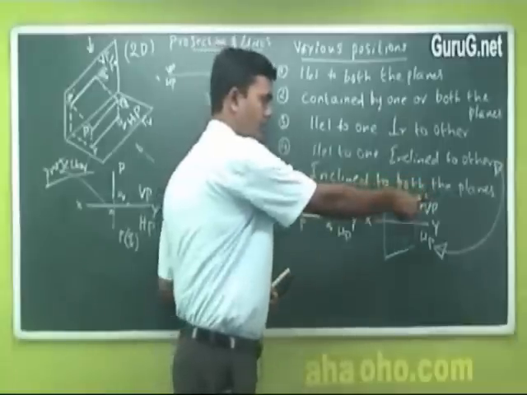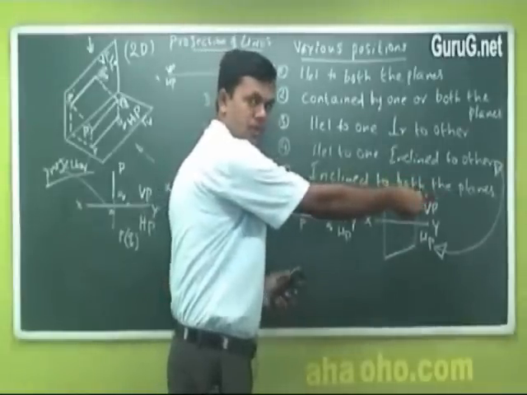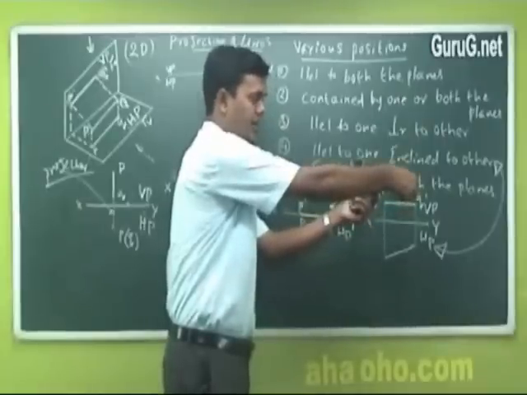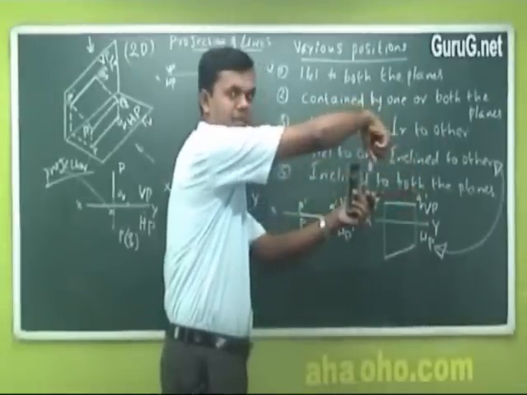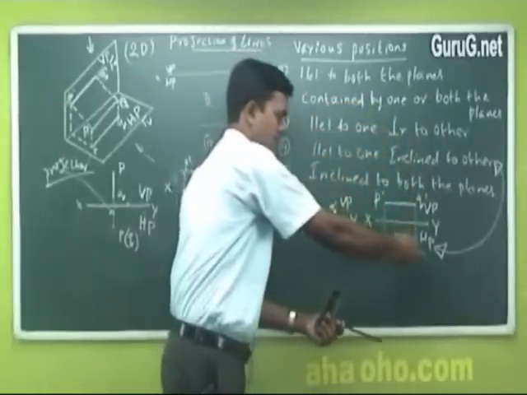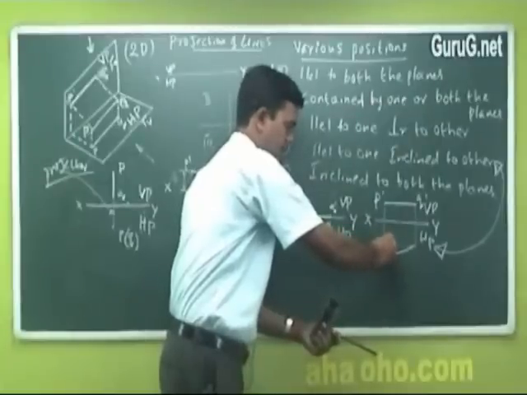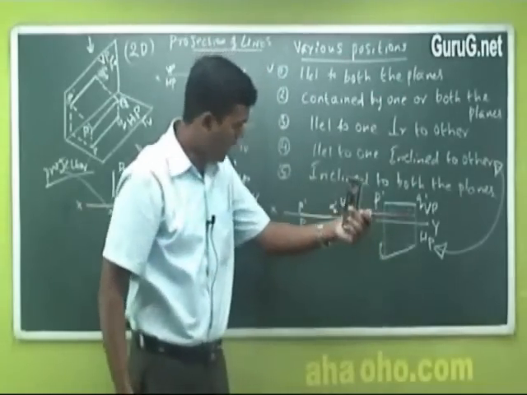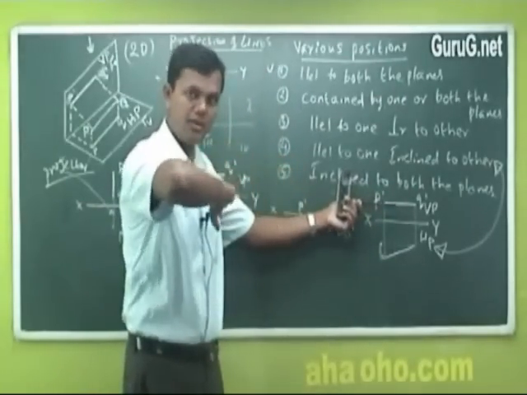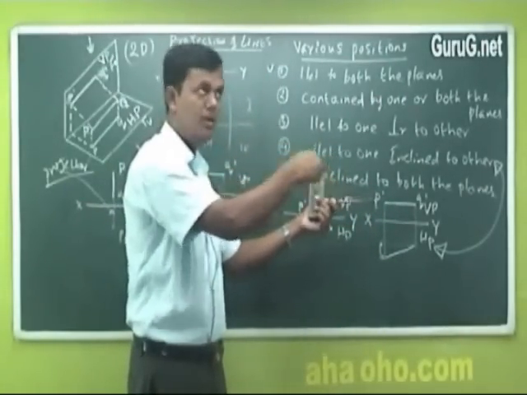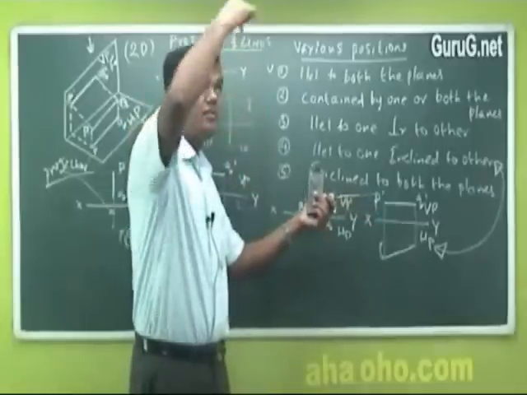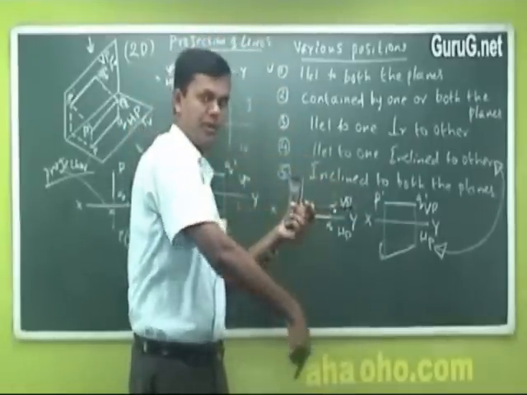This line is parallel to VP in the front view. But when you see from the top, if I rotate it like this, inclination can be shown. This is the inclination. Actually, it should be like this. This is the arc actually, rotation what we made. So parallel to one, inclined to other. Parallel to VP it is. When you see this in front view, see from the top it is inclined to HP.